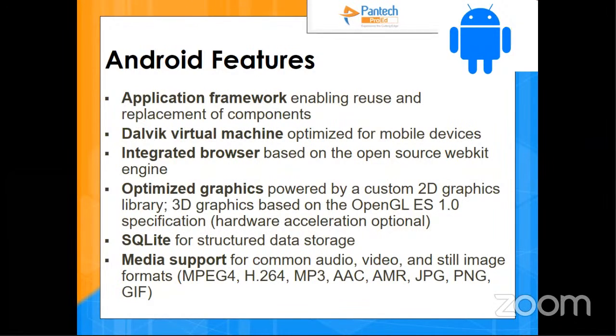All the .class files will be converted into a single .dex file. That single dex file is then converted into APK format, because the Android application extension is .apk. APK is defined as Android package file. That APK generation is done by this Dalvik virtual machine.